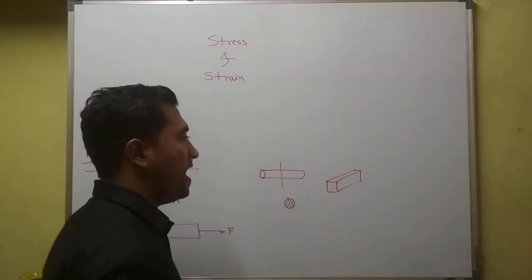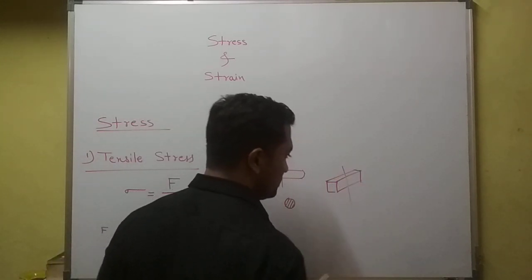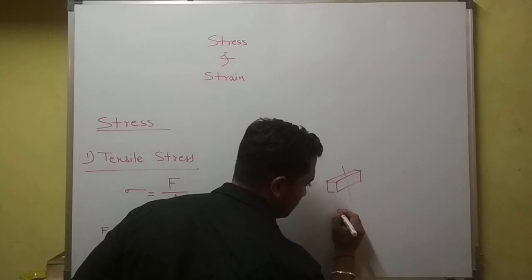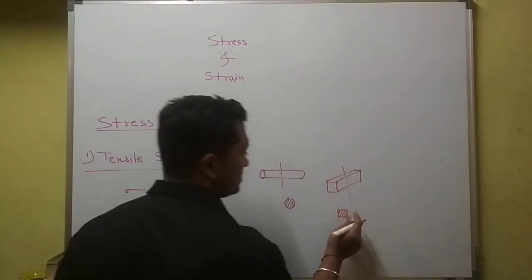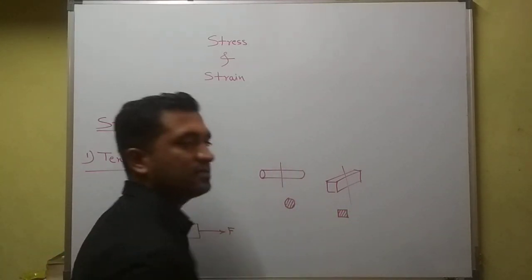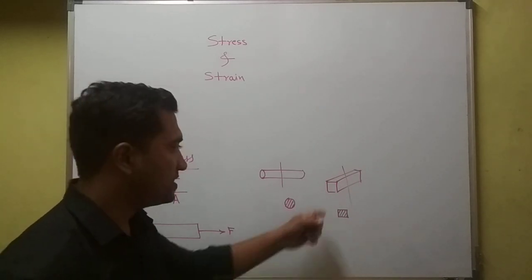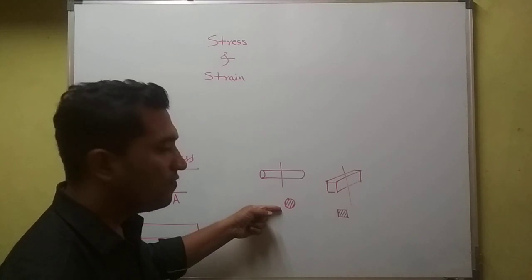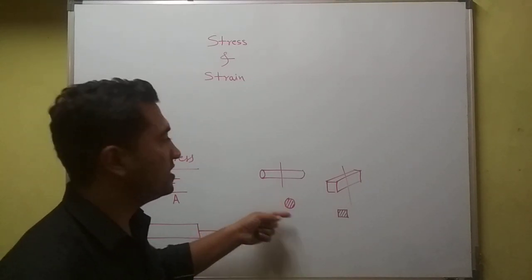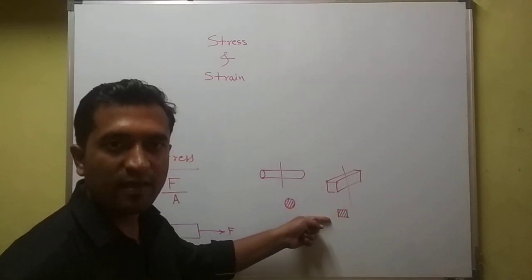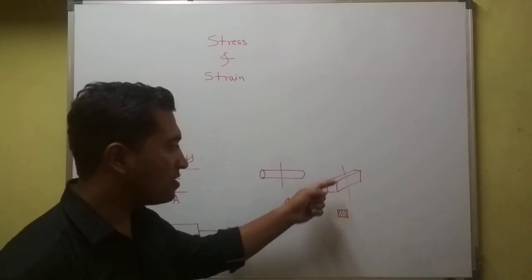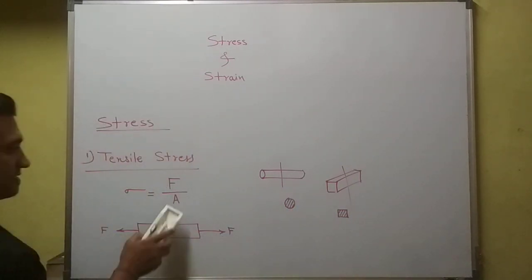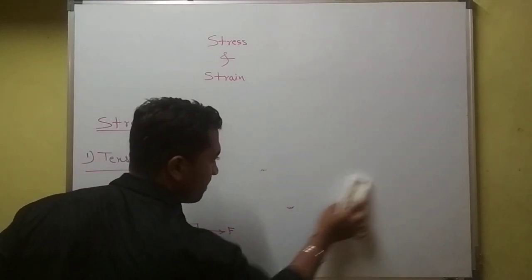If I cut this bar, what shape can I see? A square shape. This shape is called the cross section of the bar. Here we get a circular cross section, and here a rectangular or square cross section. Understood? Now A is nothing but this.